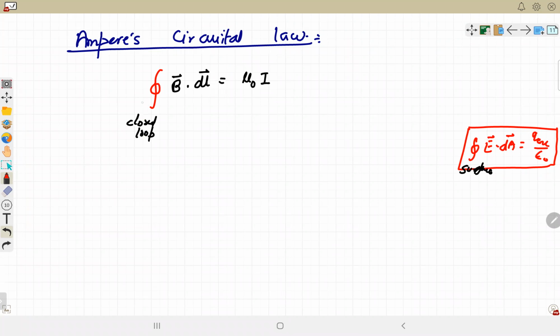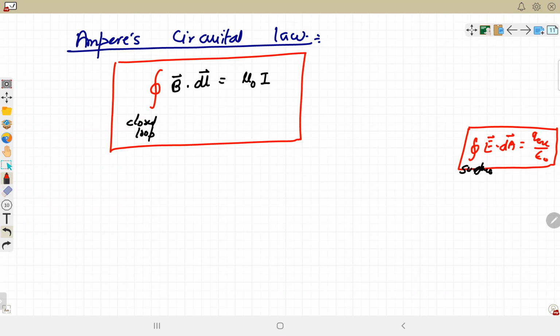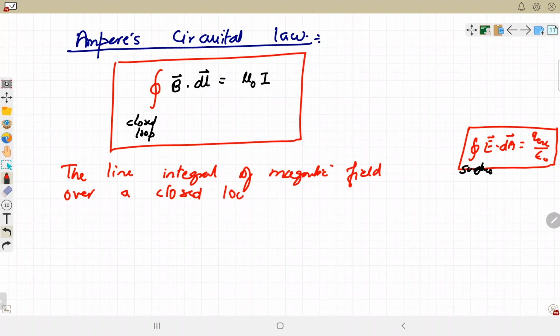So in the case of magnetic field, Ampere's circuital law says the line integral of magnetic field over a closed loop is mu naught times the current passing through the loop.